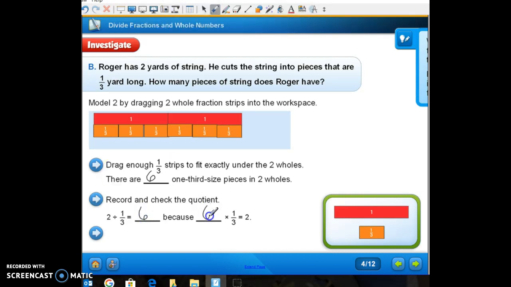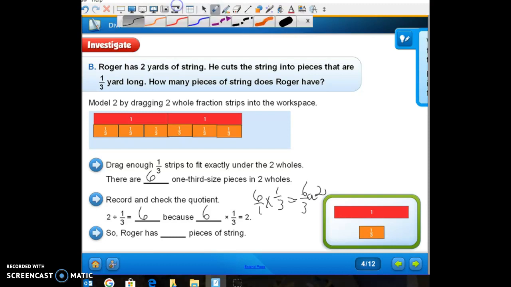Because 6 times 1/3 is 2, right? If we multiplied 6 times 1/3, 6 times 1 is 6. 1 times 3 is 3, and 3 goes into 6 2 times. So, Roger has how many pieces of string? 6.